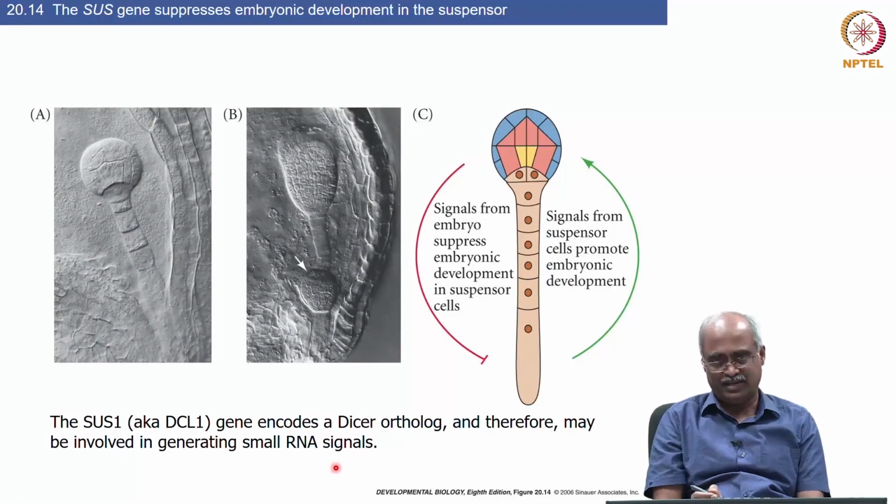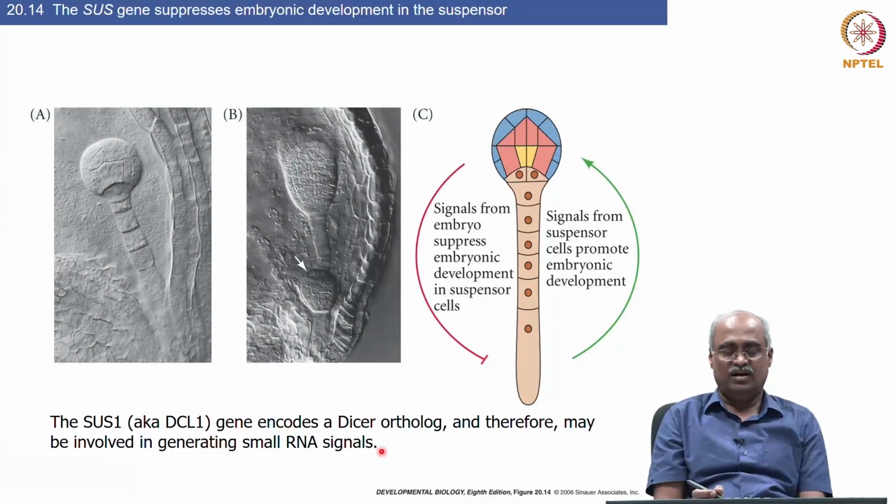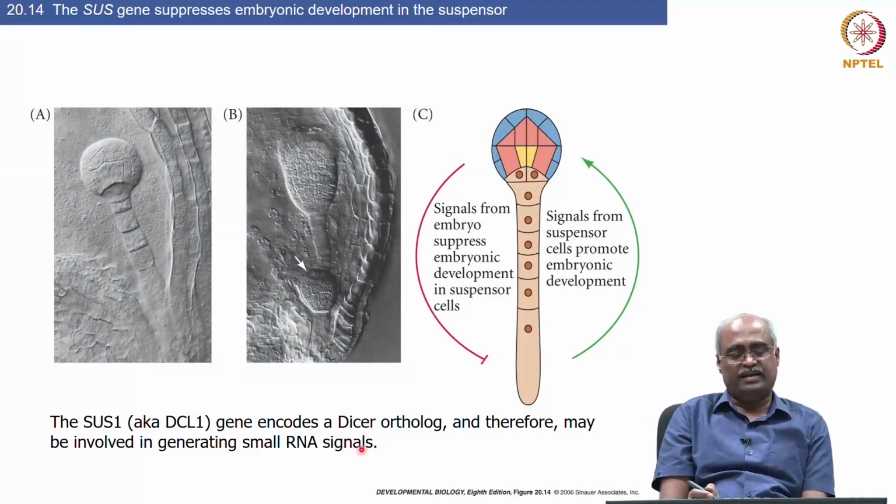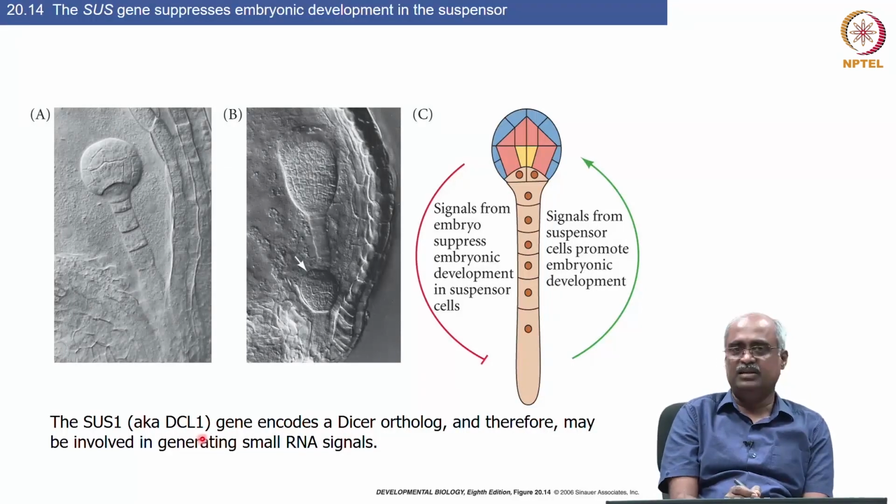They are involved even in miRNA generation. miRNAs are usually transcribed as tandem repeats, and then each repeat has to be cut into the monomers, and that's done by dicer. So it's basically an RNA cleaving enzyme. And sus1 bears similarity to that, and as a result it is also called DCL1.